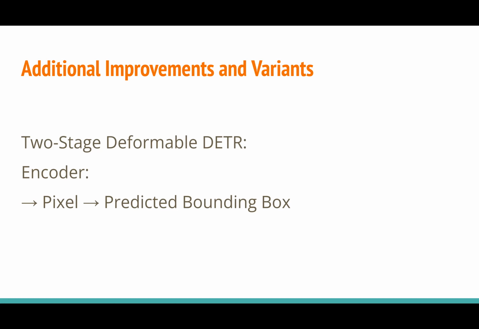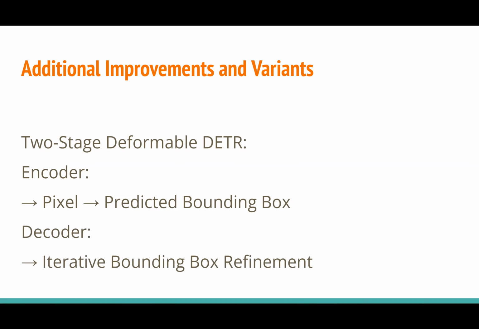Of course, I'm going to compare the scores, and a lot of bounding boxes are going to have poor scores, so I'm going to remove them and keep a handful of predicted boxes. I'm going to pass that into another decoder, which is just going to do iterative bounding box refinement, which I explained in the last slide. This is of course more computationally heavy, but we're going to explain the results of such methods and more.